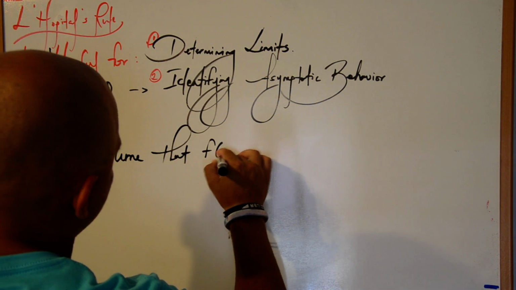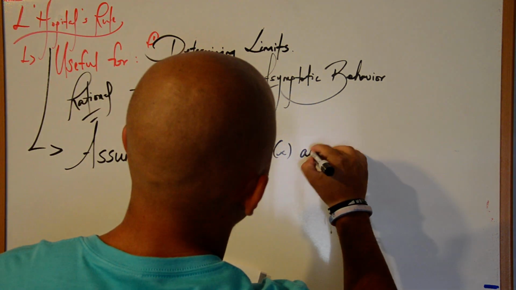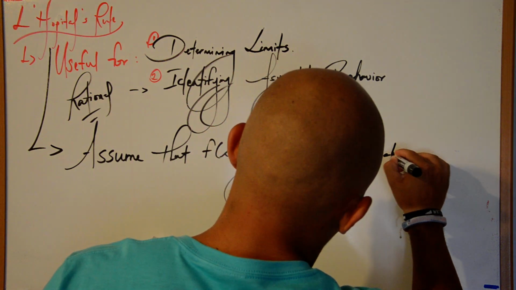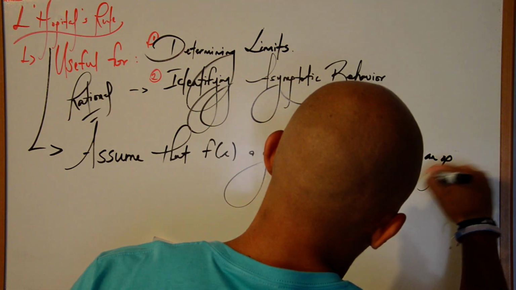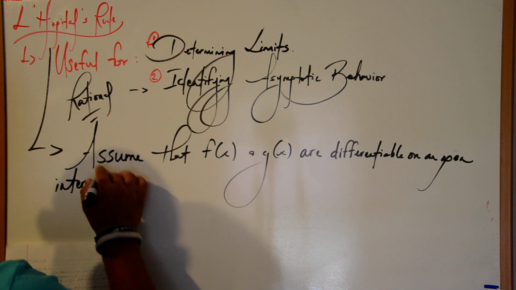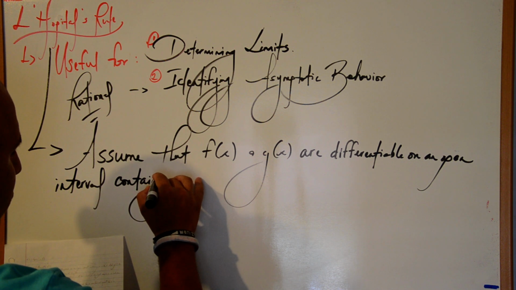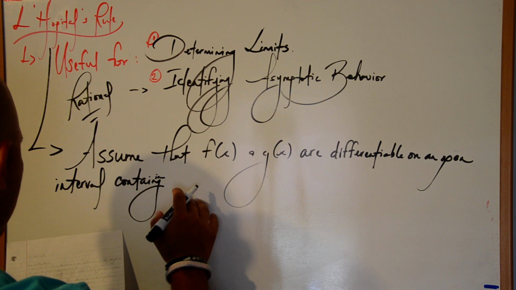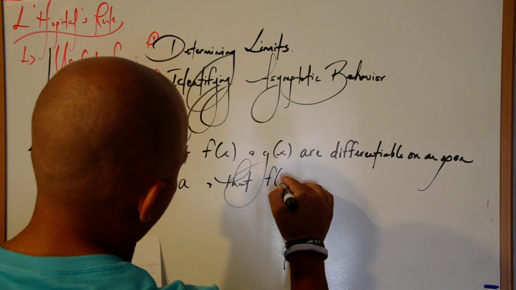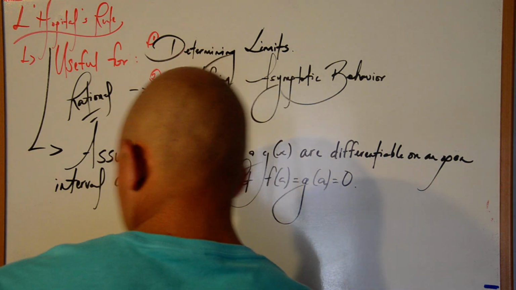So L'Hopital's rule says that, assume that f of x and g of x are differentiable on an open interval containing a, and that f of a is equal to g of a, which is equal to 0.